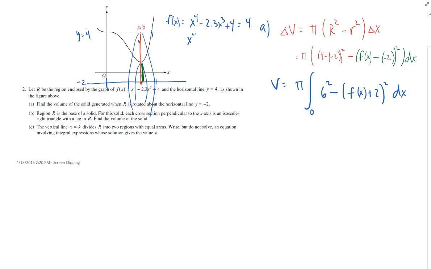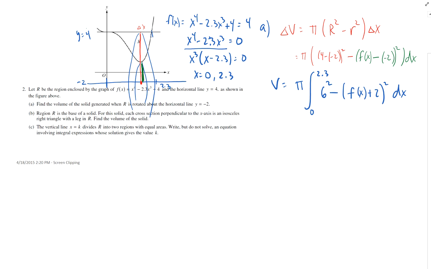That's x to the fourth minus 2.3x cubed equals 0, which is x cubed times x minus 2.3 equals 0. That's when x equals 0 or 2.3. Now you could also just graph this on your calculator and find where it equals 0 and get the same answer. So this is from 0 to 2.3.